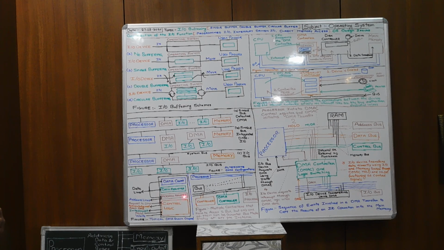An address register is there, and then control logic is there. Control logic reveals what operation is going to be performed, the direction of the operation, read or write.